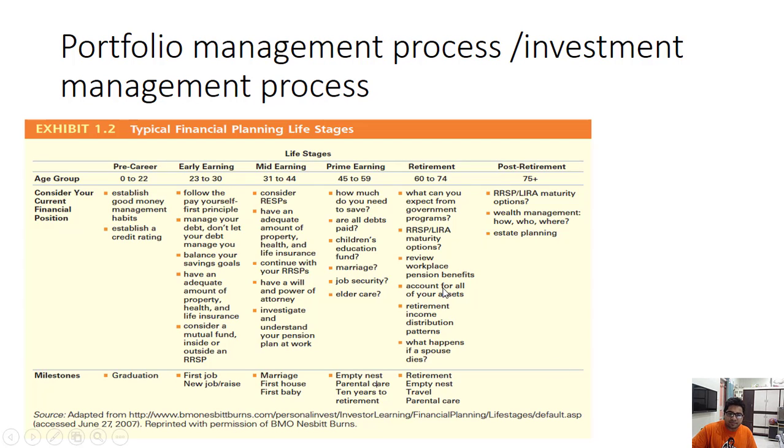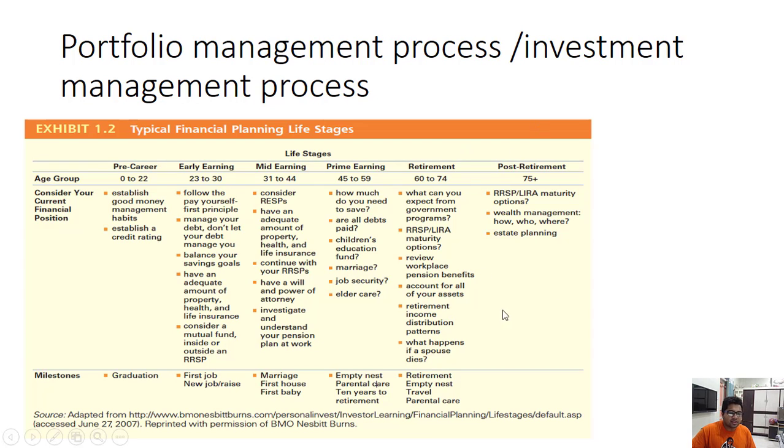In retirement, consider what you can expect from government programs, then plan yourself in RRSPs and review workplace pension benefits, account for all your assets, and the retirement income distribution pattern. Retirement age is where you have a corpus and you need to manage it properly so it lasts your lifetime.